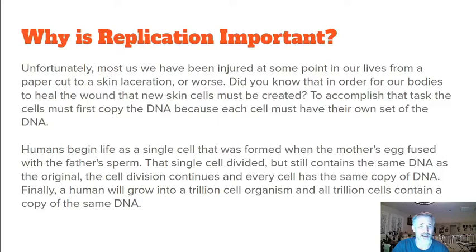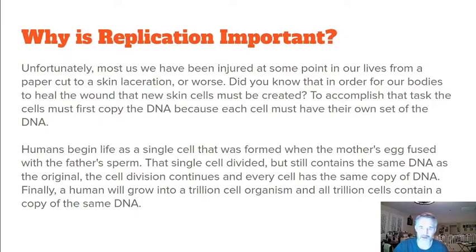Even human life begins as a single cell that was formed when the mother's egg fused with the father's sperm. The single cell then begins to divide. It goes through replication again. We have to replicate our DNA, and then the cell divides. And as it goes through this series of mitosis, we have to make copies of the DNA for each cell.